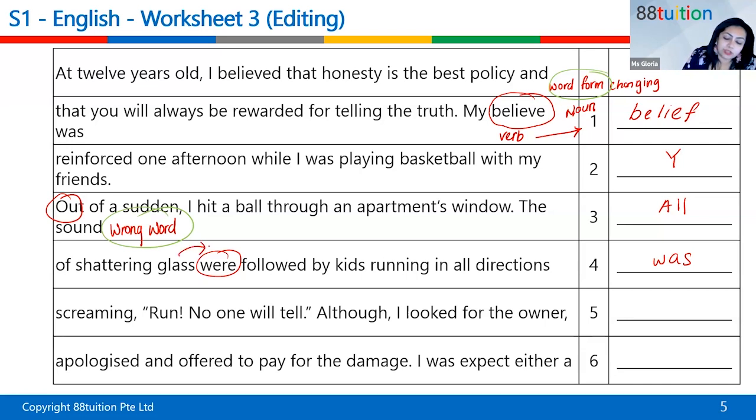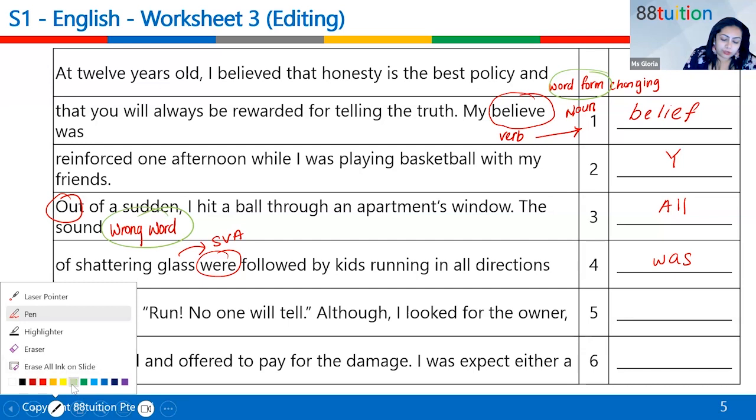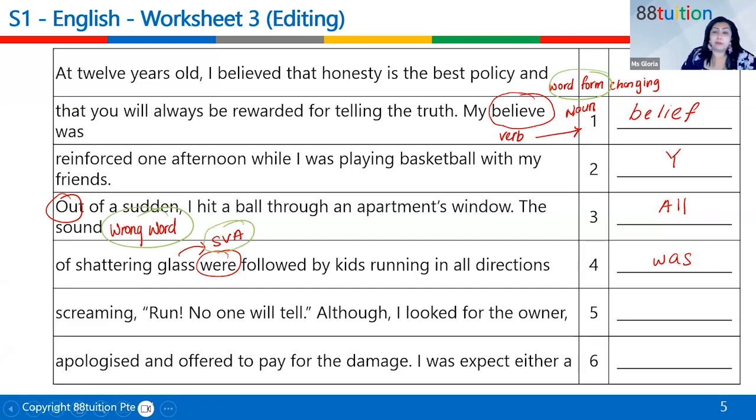This is subject verb agreement, SVA. What I need you to know is the types of errors being tested: word form errors, SVA errors, wrong word errors. If you have another exercise, your answers will all change, but these error types will be the same. Are you getting what I'm trying to teach you?